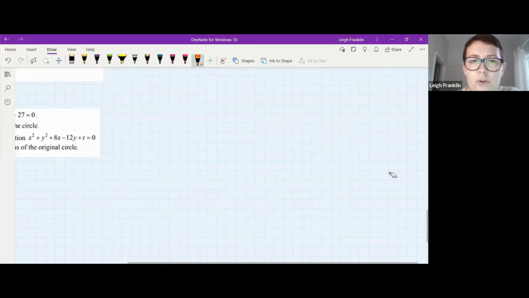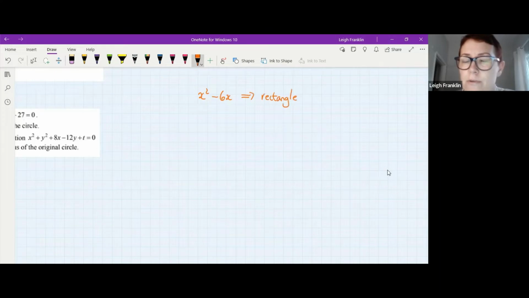Okay, so if I give you x squared minus 6x, all right, did you know that if you could draw this into a picture, it would be a rectangle? Did you know that? Okay, now look at this. So this is your rectangle. Let's just draw a rectangle here.